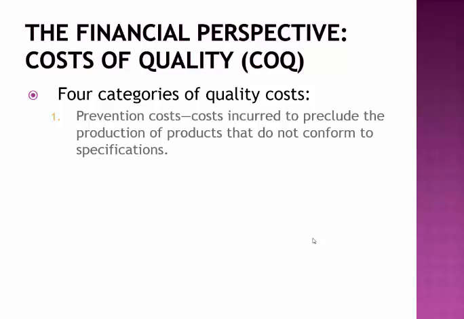We can be very careful in how we design our products and how we design the engineering process and the manufacturing process. We can evaluate our suppliers in advance. Are their products going to be quality products that they provide us with? Are they going to be on time? Things like that are prevention things that we can do.